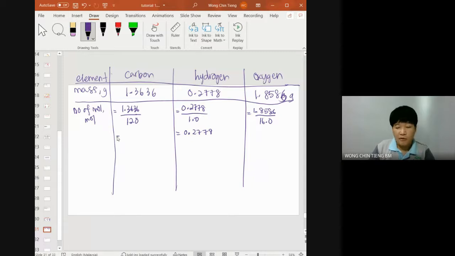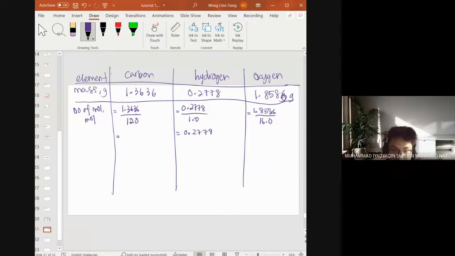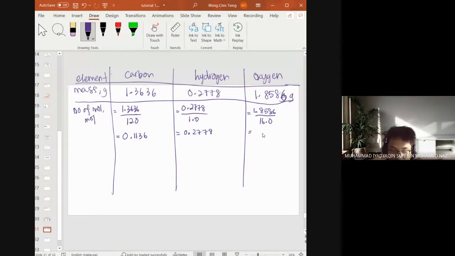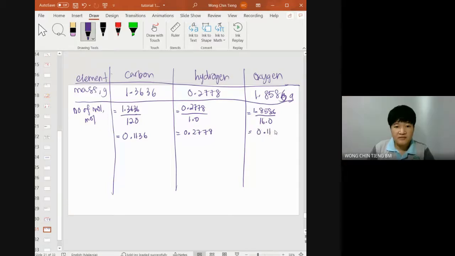Number of mole carbon? 0.1136. And as always, I don't accept anything less than 4 decimal places, tak boleh round off. Yang kedua, oxygen? 0.1162.